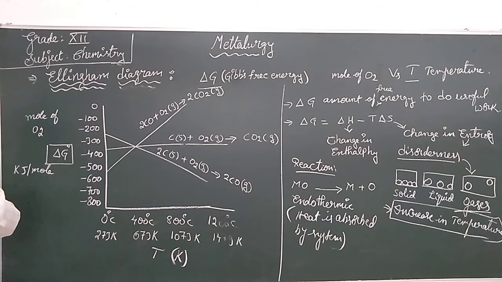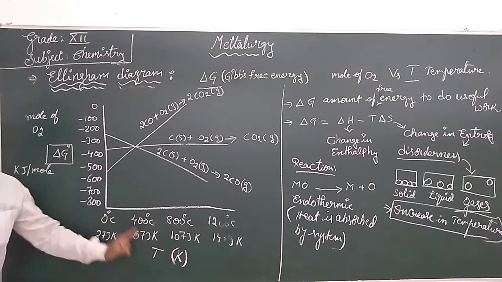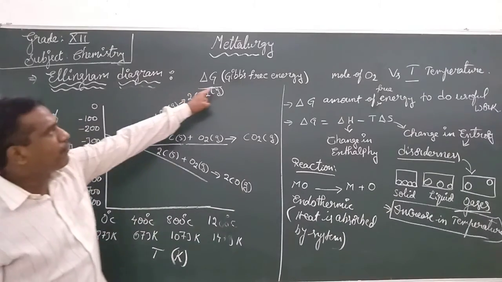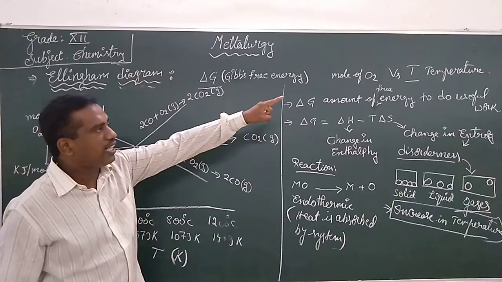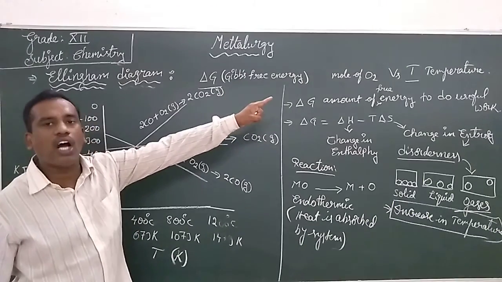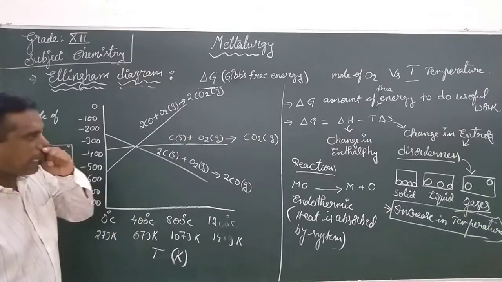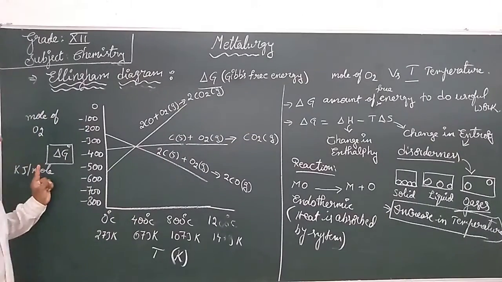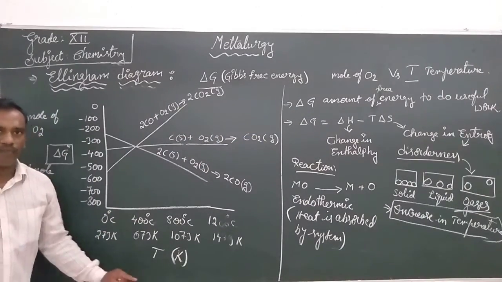We get Gibbs free energy related to a mole of oxygen. So the Ellingham diagram is drawn with two axes, Gibbs free energy versus temperature.